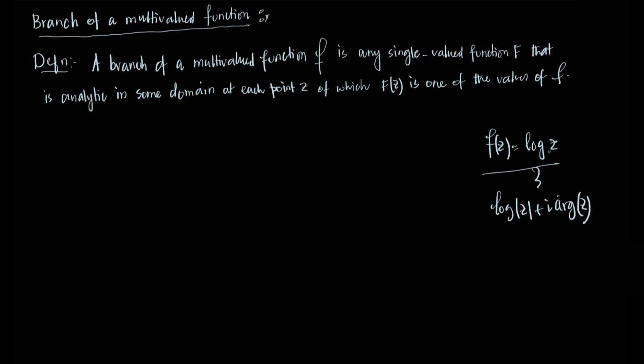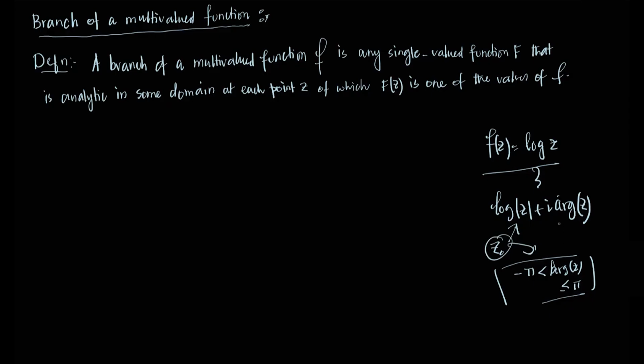Okay, so if you just think about it this way, for n equals 0, for a particular z naught, let's say, this will give you one value, right? So you see, that is one branch, because if you restrict the argument of z between minus pi and pi, essentially I am taking the principal part, then you have a single valued function, and for every z naught you get just one value out of it.